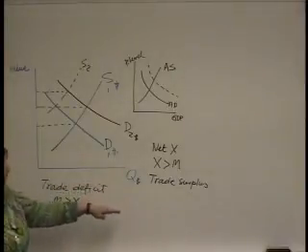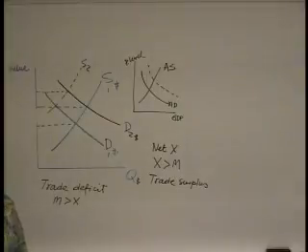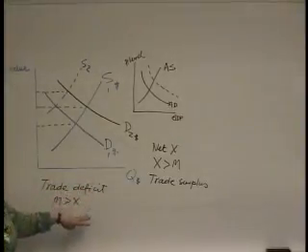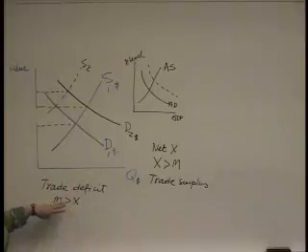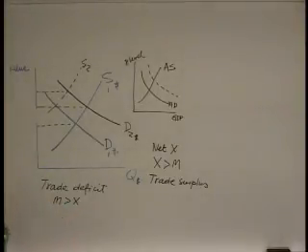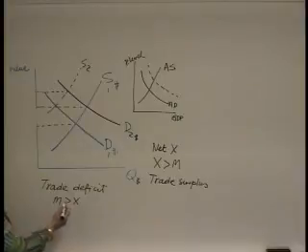But this kind of trade imbalance can be solved by the free exchange rate of the US dollar. And this is the way it works. Let's say that right now, since we have a deficit, we have imports that are larger than our exports. Which is larger, the demand for dollars or the supply of dollars, if you have imports that are larger than exports?